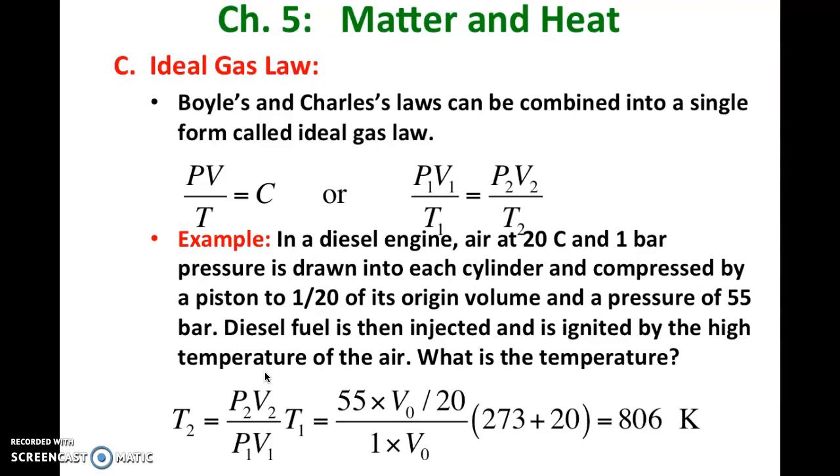In the general case, i.e. when both pressure and temperature vary, we should apply the ideal gas law. Here is an example to find the gas final temperature by using the ideal gas law. You can read details about this example.